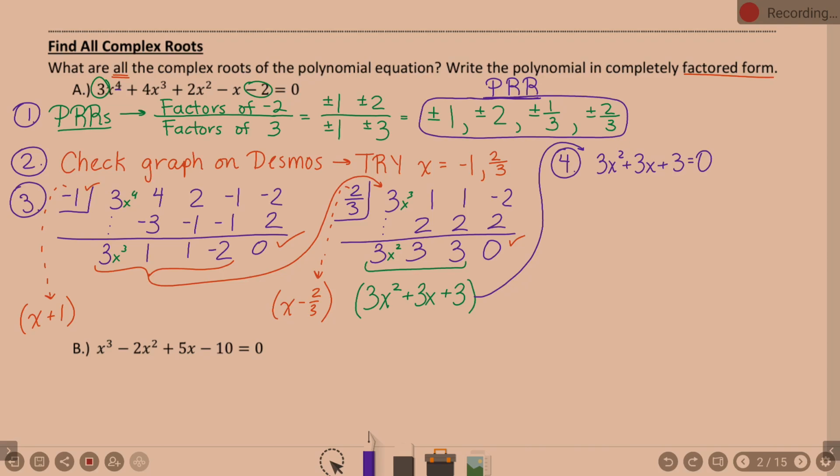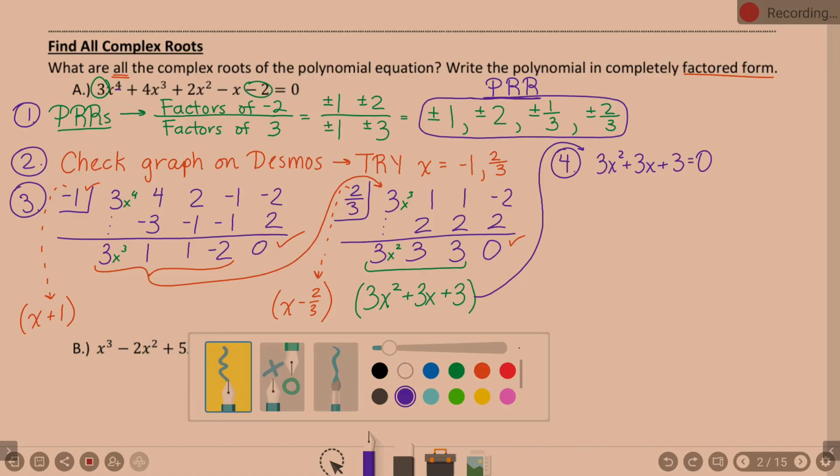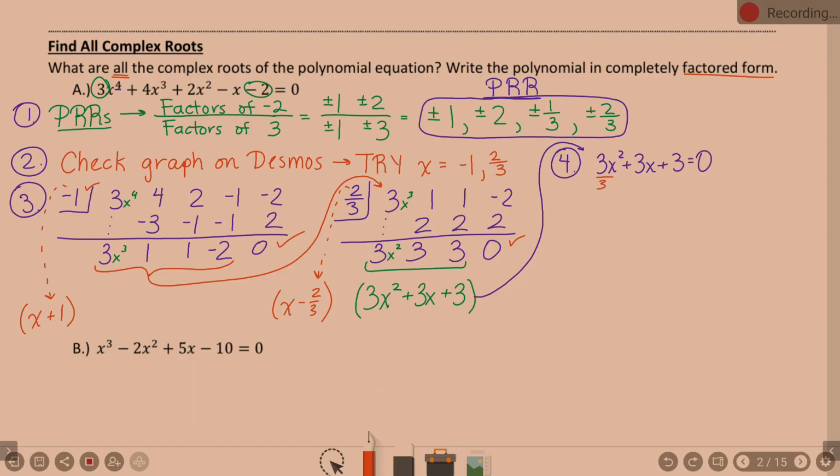We could get that 3 out of there. And here's the deal. Is this equal to 0? If it's equal to 0, technically we can divide it out altogether, because we can divide the other side by 0. We can only do it because it's a number, but it works. So if we divide that 3 out of there, we now have x squared plus x plus 1 equals 0.